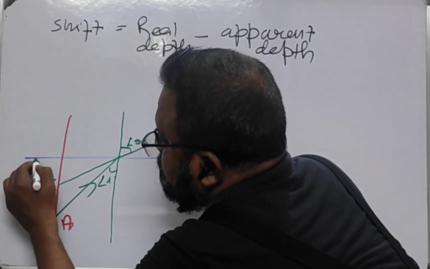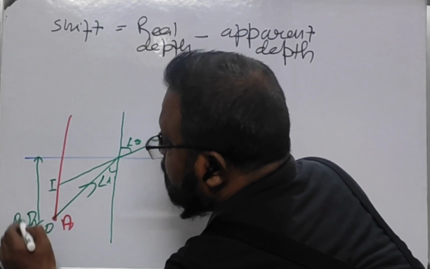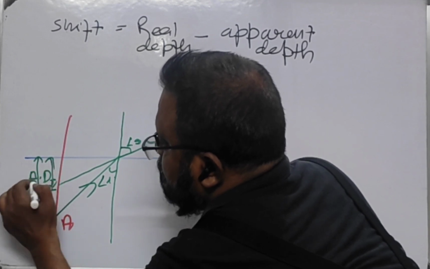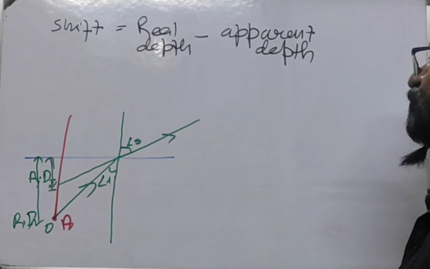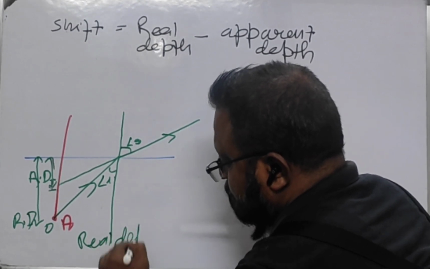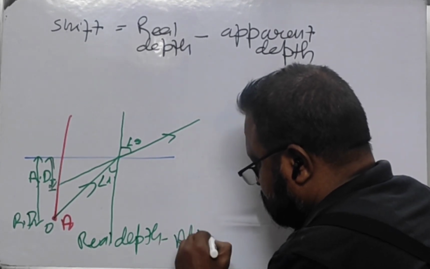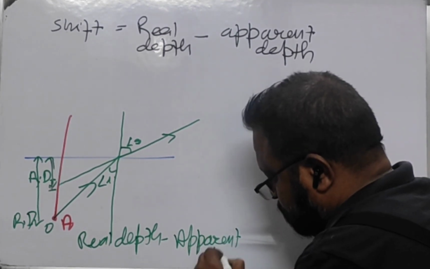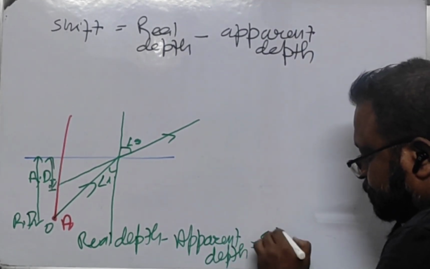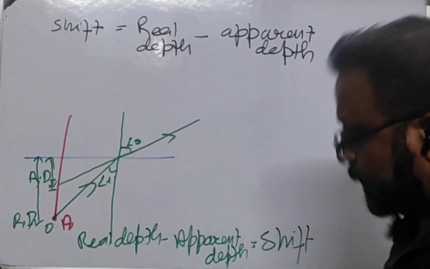So this is real depth, this is apparent depth, and the difference between these two is real depth minus apparent depth, which is what I wrote as shift.